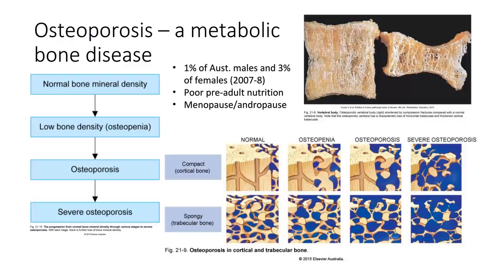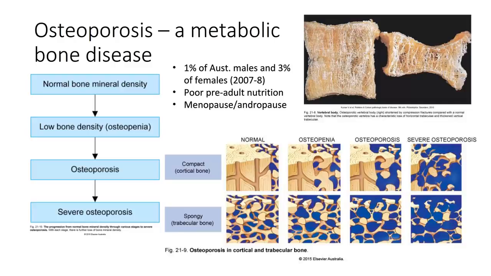Andropause, being the male version of menopause, is a much slower process. So as much as men do end up with osteoporosis, they don't end up with it at the same level as women do. Now, osteopenia is where we have low bone density. Osteoporosis is where we're actually seeing loss of matrix to the point where the bone is at risk of fracture.